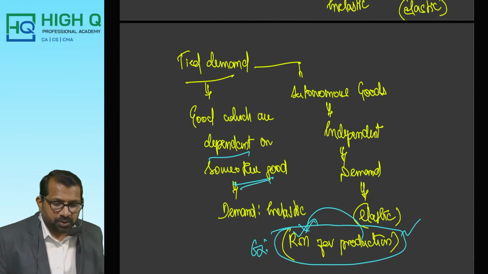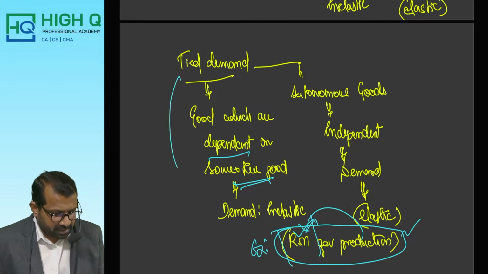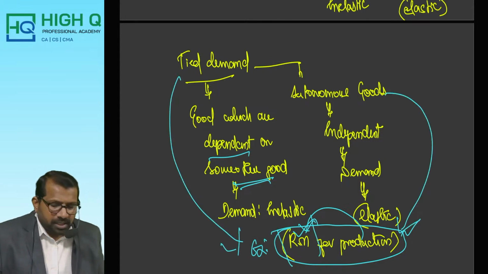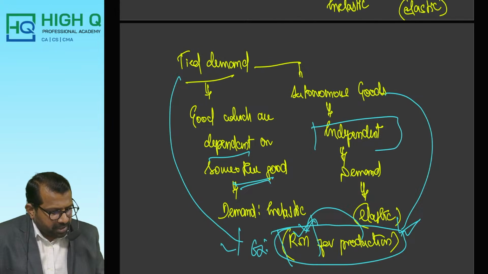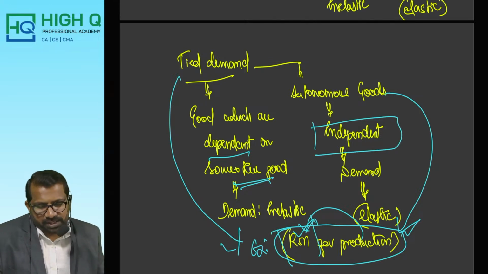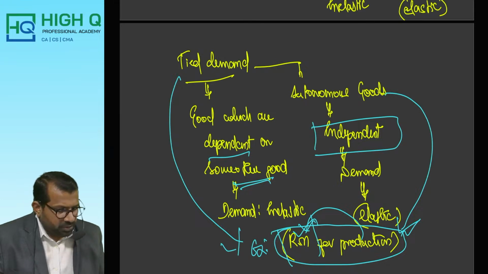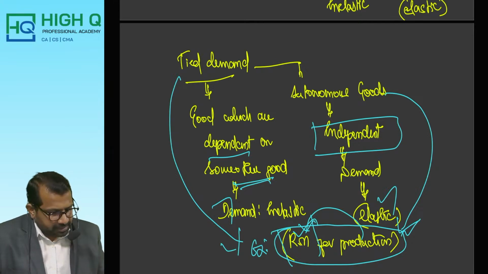Therefore raw materials come under tied demand and production comes under autonomous goods. For the purpose of production, the demand is independent. Production is always independent, but raw materials depend upon production. Therefore autonomous goods are elastic, and tied demand, the dependent goods, are inelastic.